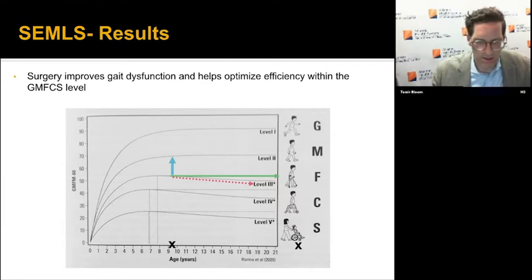The effect of SEMLS is to maintain their current level of GMFCS or help to optimize the efficiency of their GMFCS level. It is rare that we're able to bump someone up to a lower GMFCS level, that is from a level 3 to a level 2. That really is not realistic, and it does rarely happen. But SEMLS has been shown to prevent this deterioration in function.